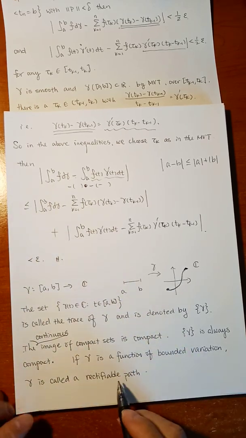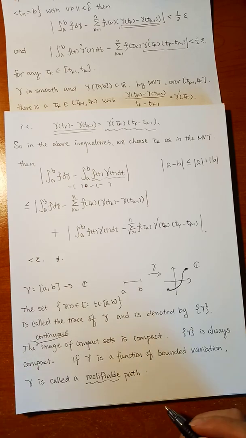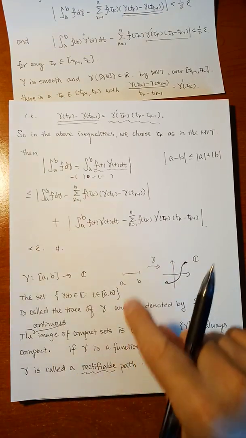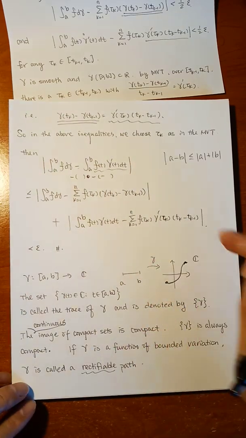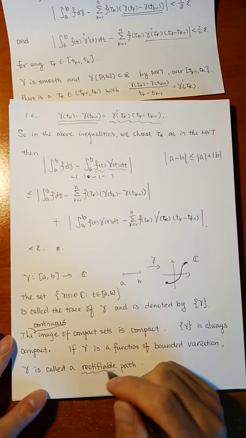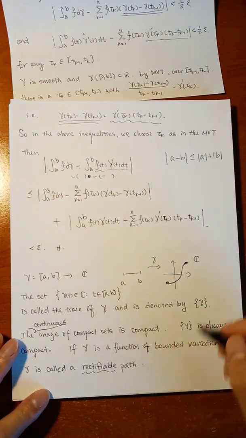See, there's another one. Basically, we want to emphasize it is a rectifiable path. Rectifiable path means you can find the length. Okay? So rectifiable, bounded variation, you have total bound.